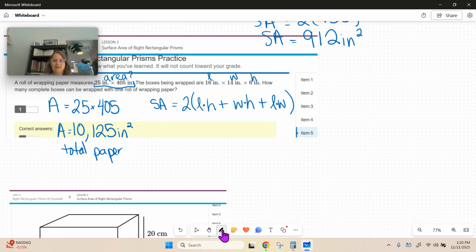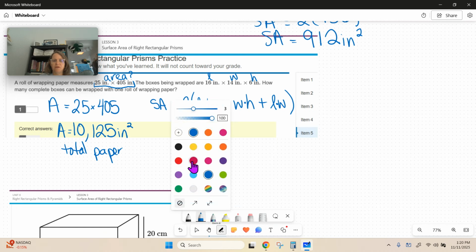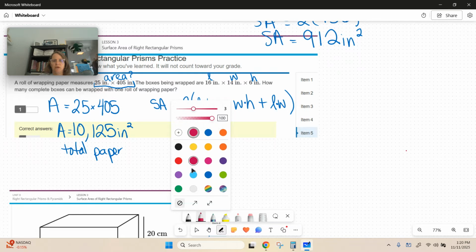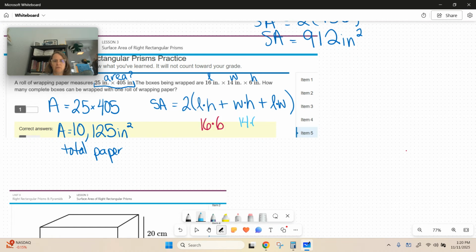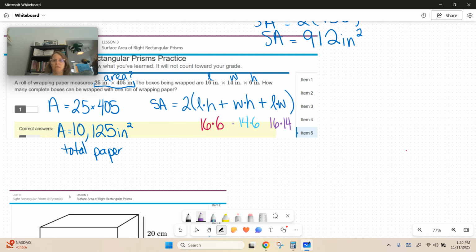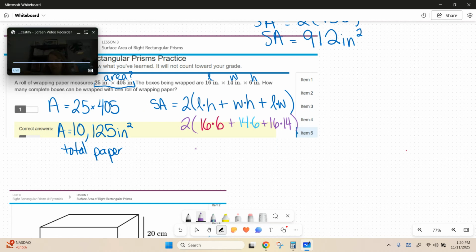All right, let's go ahead and find the surface area using the formula. If I have length times height, that would be 16 times 6. If I had width times height, that would be 14 times 6. And if I had length times width, that's going to be 16 times 14. So what I want you to see here is that I have 3 chunks of things that I need to multiply before I add them.